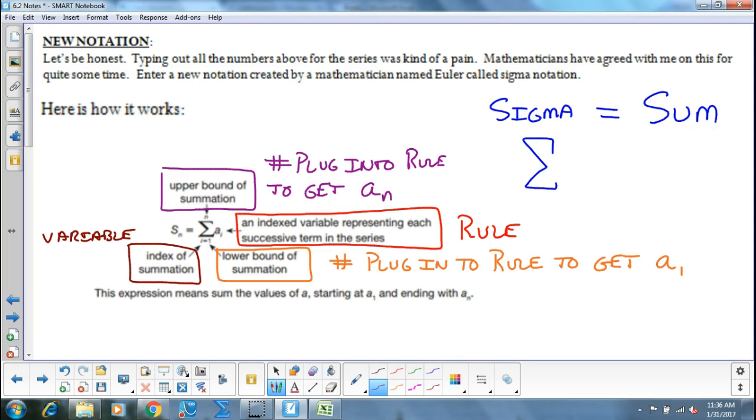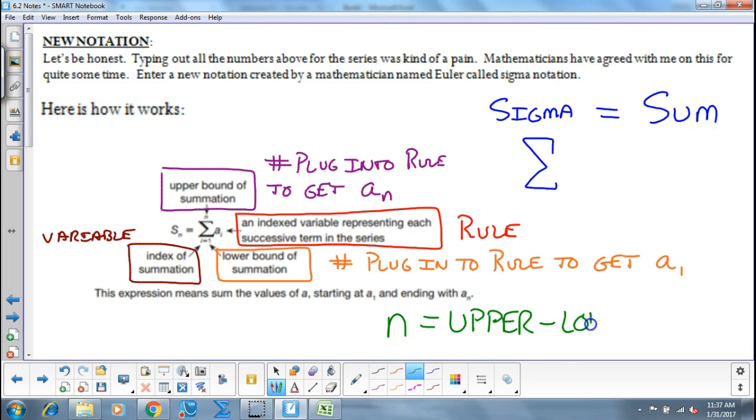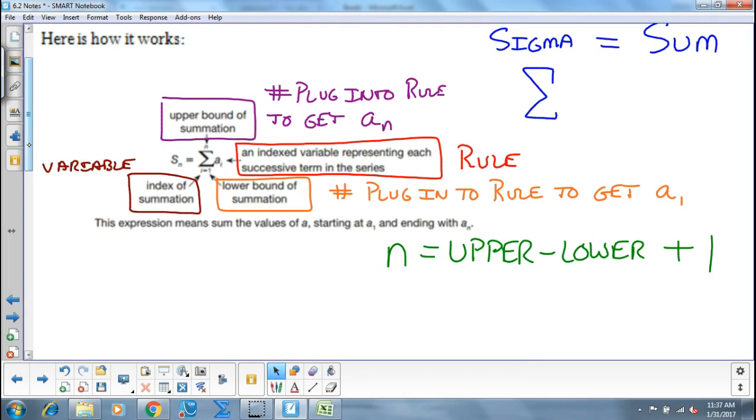And then the shortcut to find the number of terms, n: n is going to be your upper bound minus your lower bound plus 1. So it's top minus bottom plus 1.